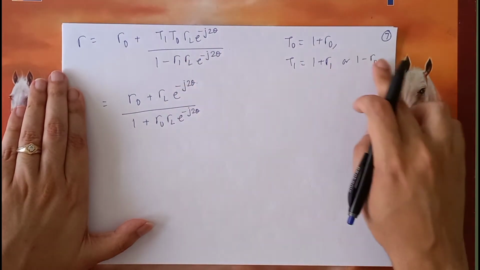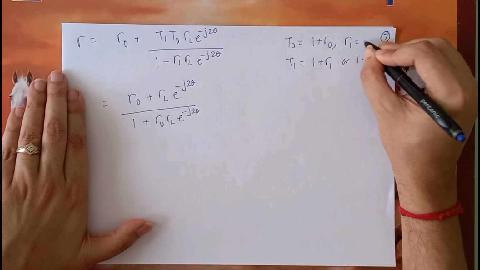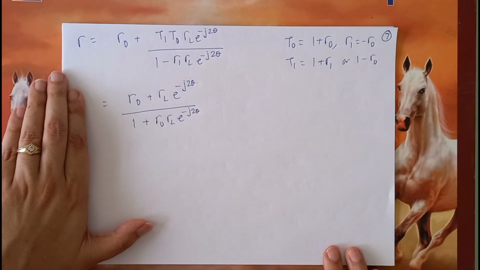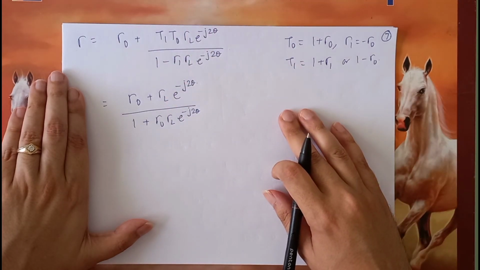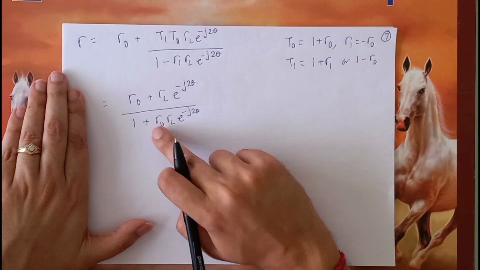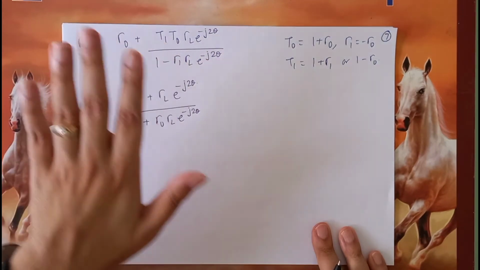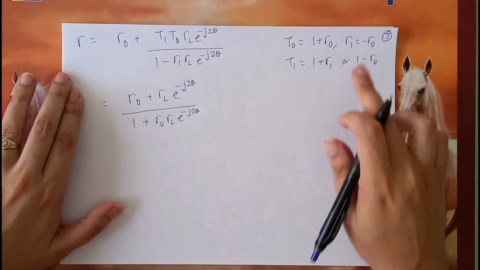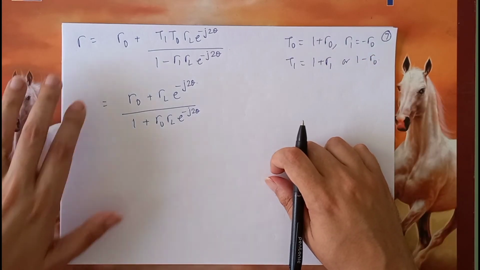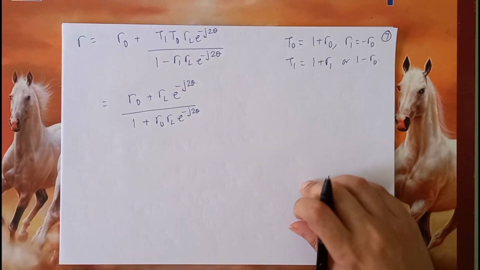You can also substitute gamma 1 is minus gamma 0. You can see very easily that minus gamma 1 would become plus gamma 0. So the exact solution is not too difficult from this step. Just have to substitute. So, this is what we get.